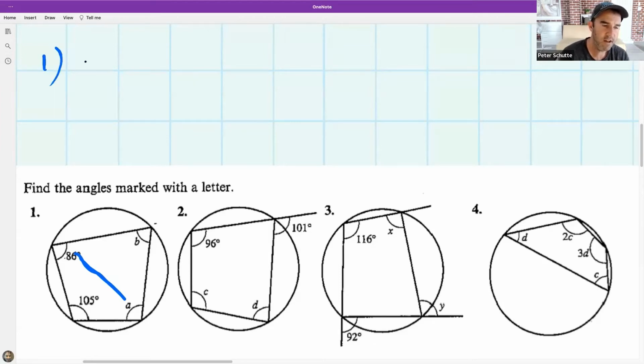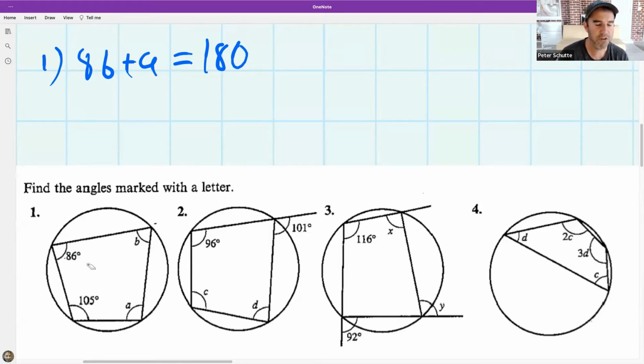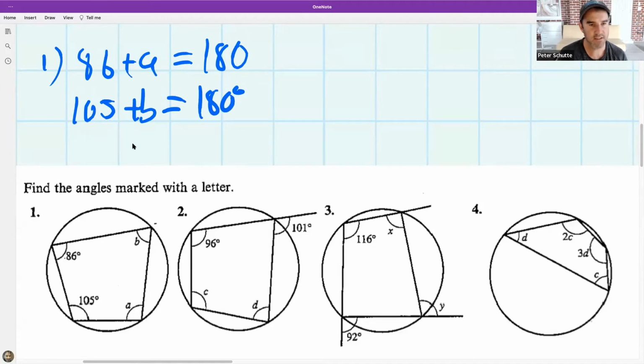So for 1, we would say that 86 plus A must be equal to 180, because these are opposite angles in a cyclic quad. We also know that 105 plus B would be 180.